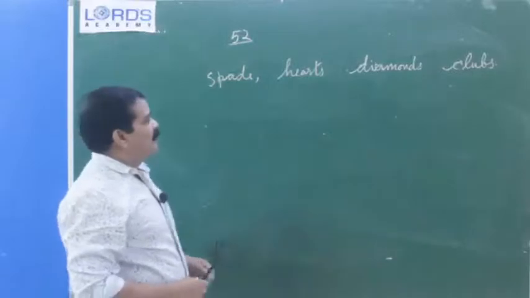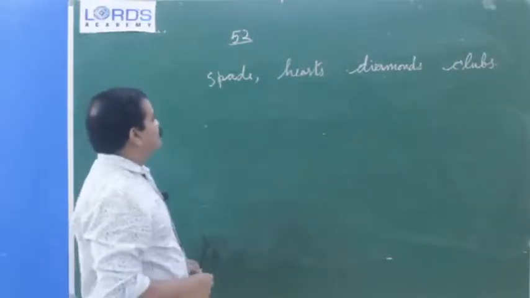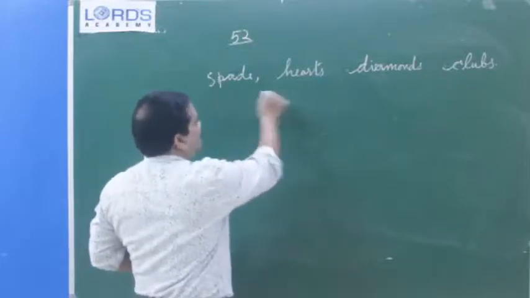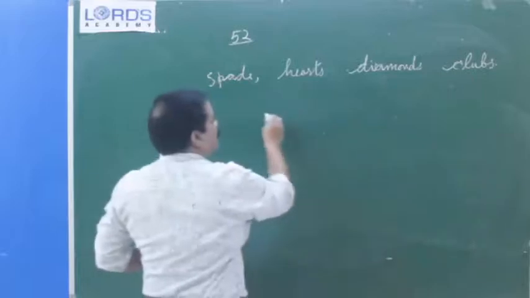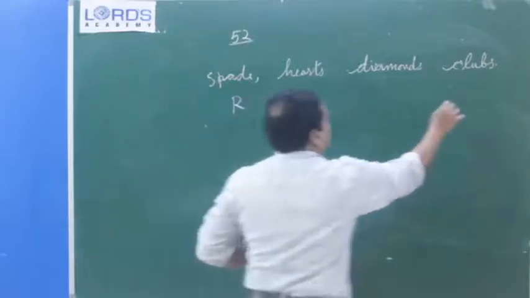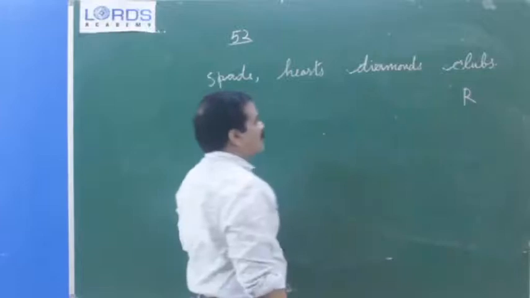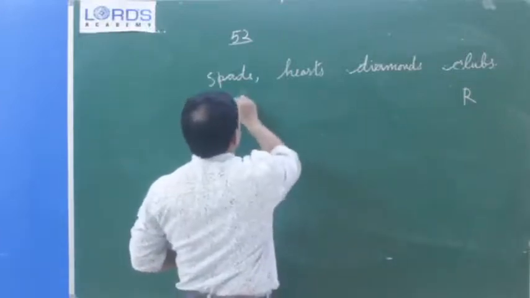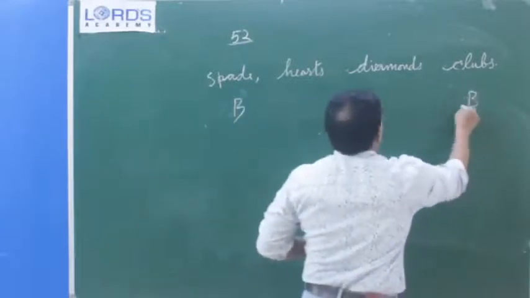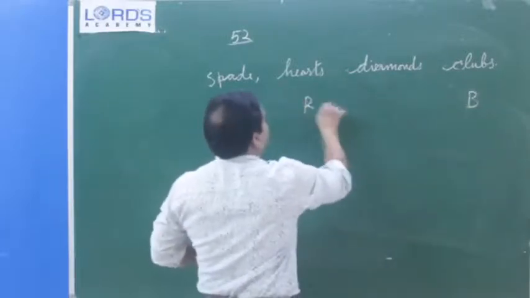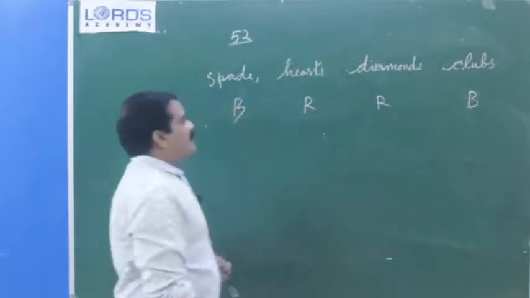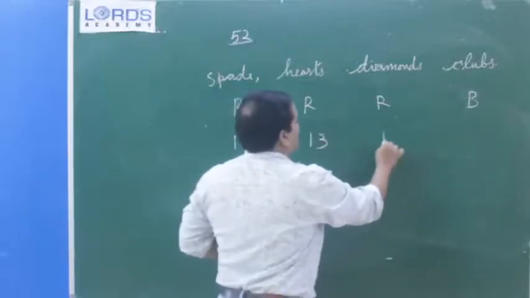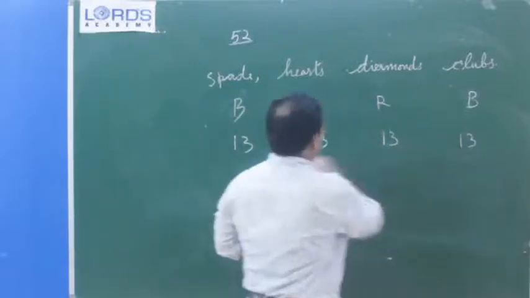In these 4 groups, you can see that spades and clubs are black, and hearts and diamonds are red colors. In each group there are 13 cards. Then the total is 52.